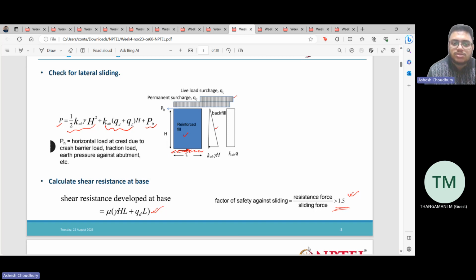And the sliding force actually comes from the lateral earth pressure and this horizontal live load. So all these we know, which loads to take when, and from that we can determine the factor of safety. So this is the disturbing force and this is the resisting force here. If you see here, in the resistance we do not take the live loads. We do not consider the surcharge from the live loads.